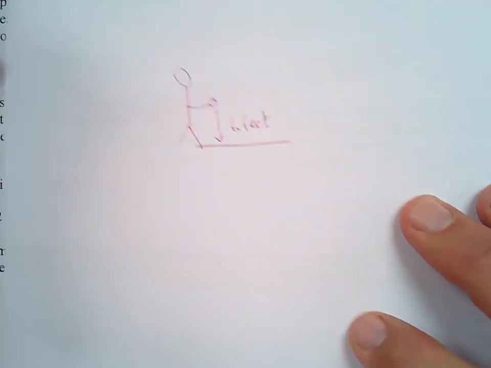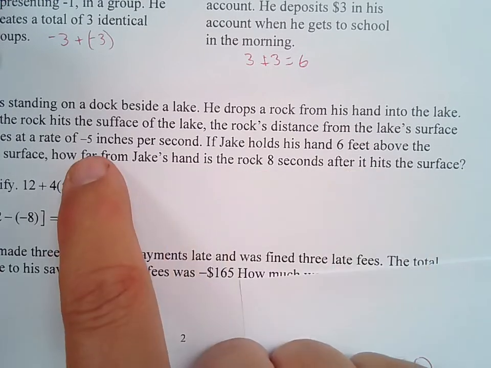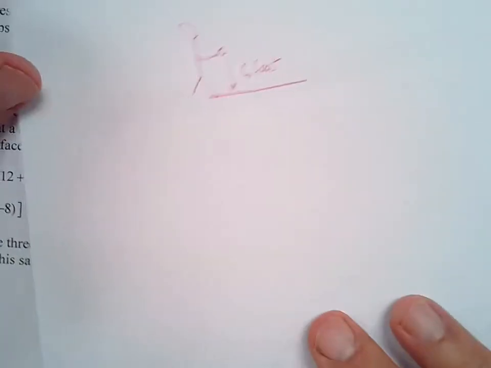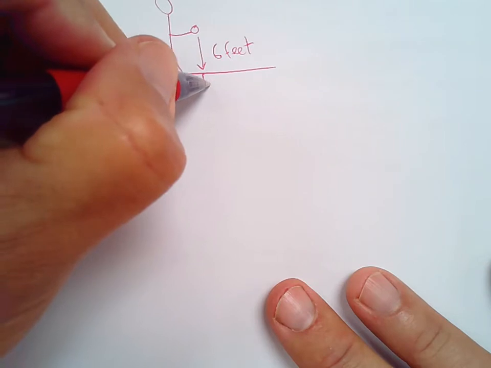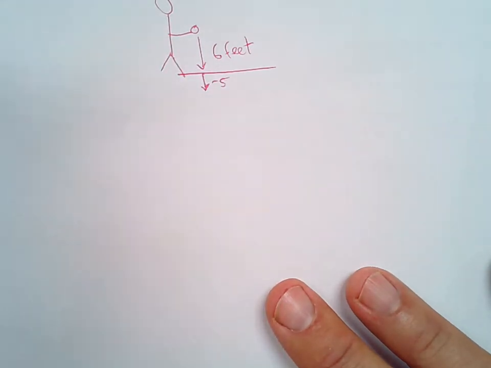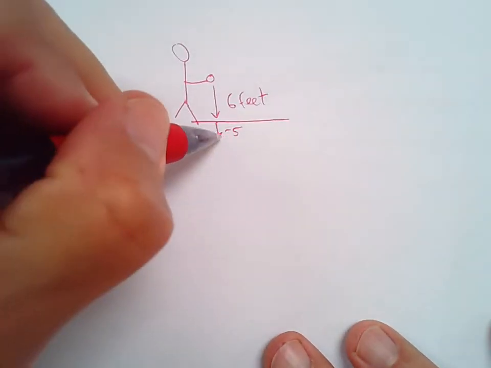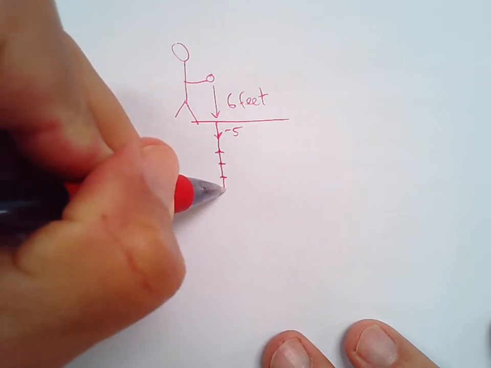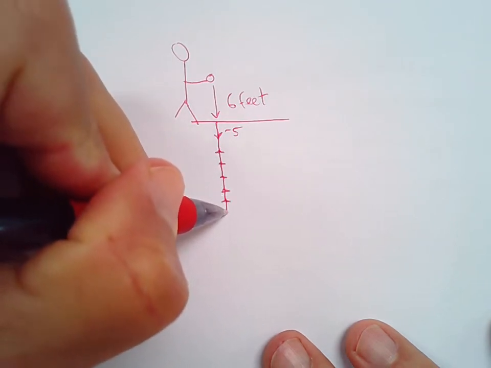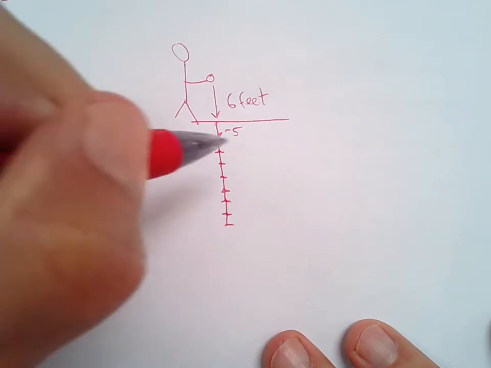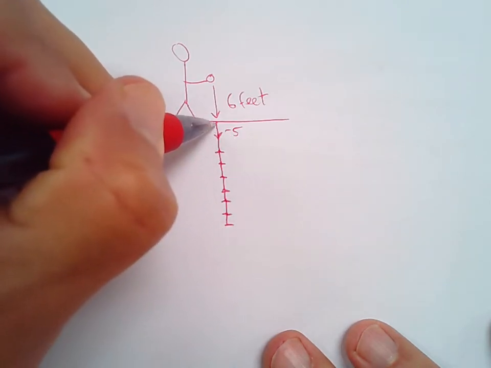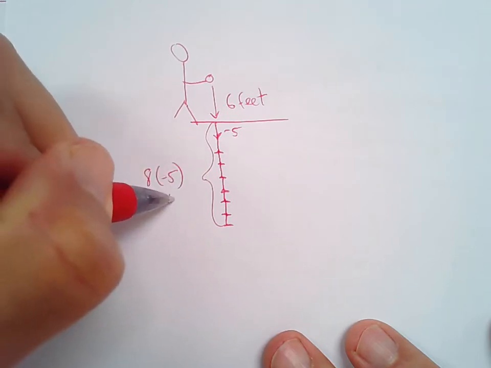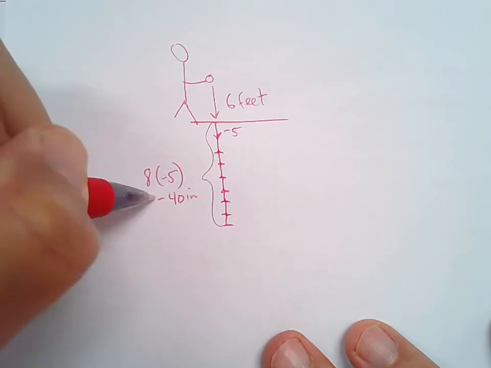And then it travels negative 5 inches per second for 8 seconds. So here's negative 5, but it happens 8 times. 1, 2, 3, 4, 5, 6, 7, 8 times, each of them negative 5. So the whole thing would be 8 times negative 5, which is negative 40 inches.